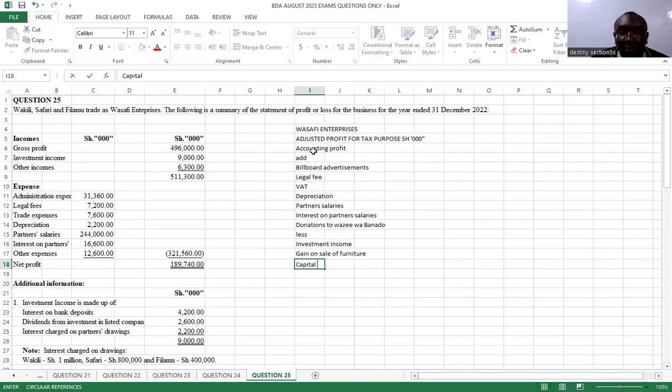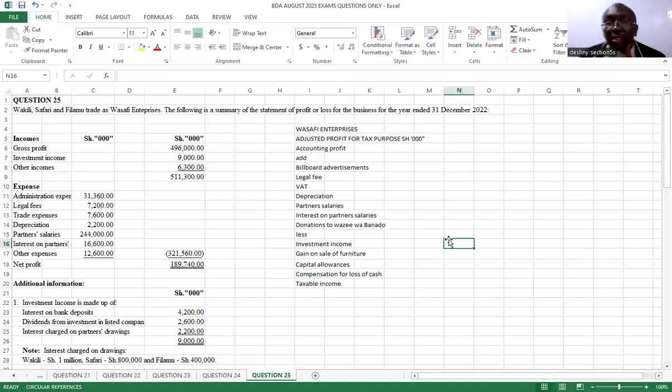Then capital allowances. Then we have compensation for loss of cash. That's not part of our normal operations. So with that now, we will have the taxable income. Good. That's how I prefer my workings.